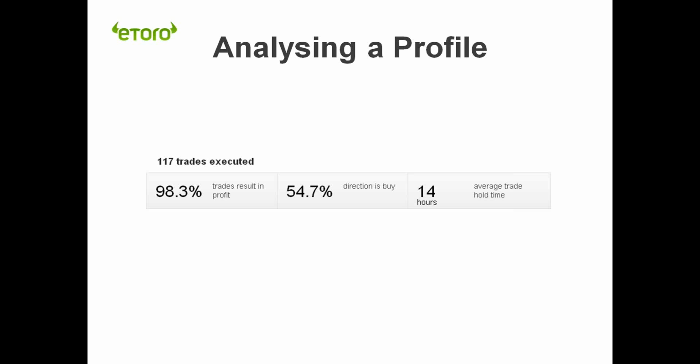So it's a rough calculation, and by no means will it occur because the performance would have to be repeated. But what it does is give you a general idea of what you can expect from copying this particular trader. So you can set your targets based on that. If you work out a general rough calculation and say you thought these trades made an average 5%, so you thought, maybe the account would make 50% in a month.